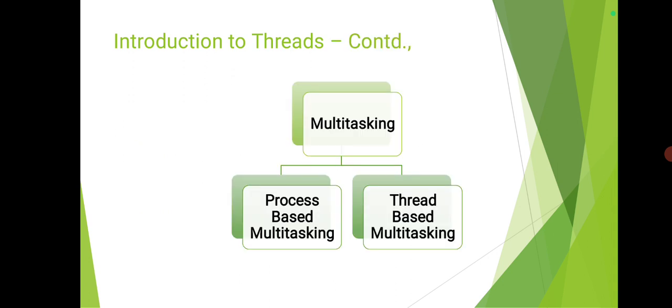Here we have two different kinds of multitasking: one is process-based and another one is thread-based multitasking. Process-based multitasking is a feature that allows your computer to run two or more programs concurrently, whereas in thread-based multitasking, a single program can perform two or more tasks simultaneously. As I said earlier, we can take the example of a text editor and printer.